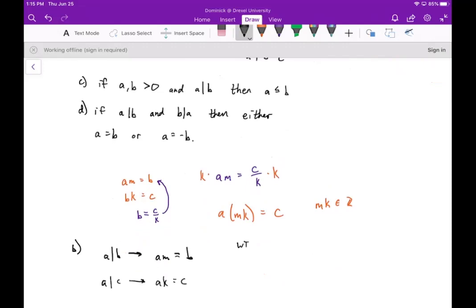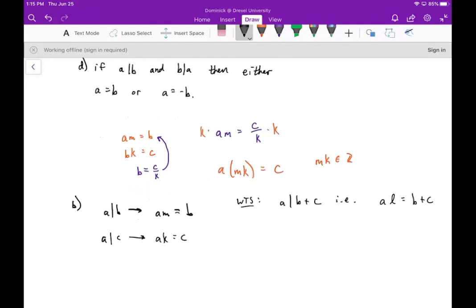We want to show that a divides b plus c, i.e., al is equal to b plus c. If I look at b plus c, we know that that's equal to am plus ak. So we can write this as a times m plus k. But the sum of two integers is an integer, so we can call this L.